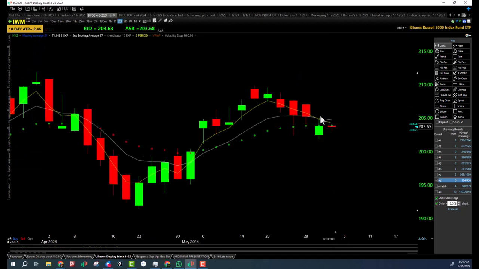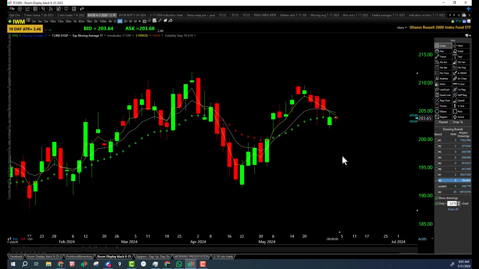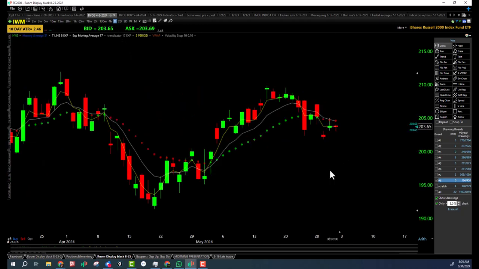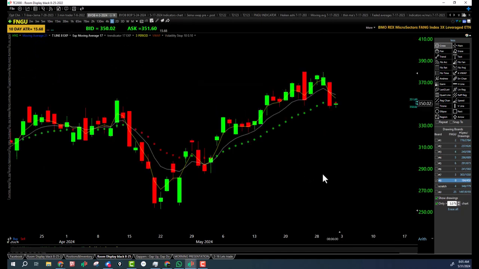IWM got a lower high and a lower low, closing... let's go do these again because I was on the 2-day. All right. FNGU lower high, lower low, closing below the bearish cross, below the 17 EMA.